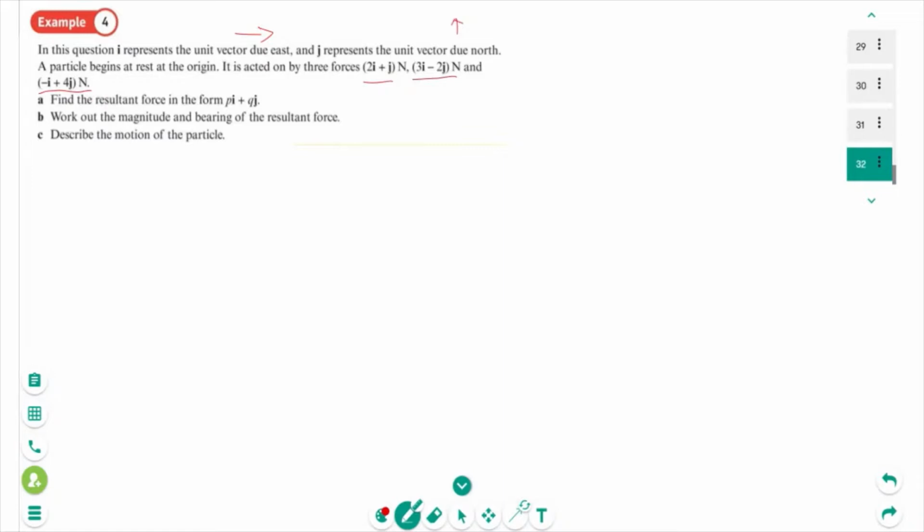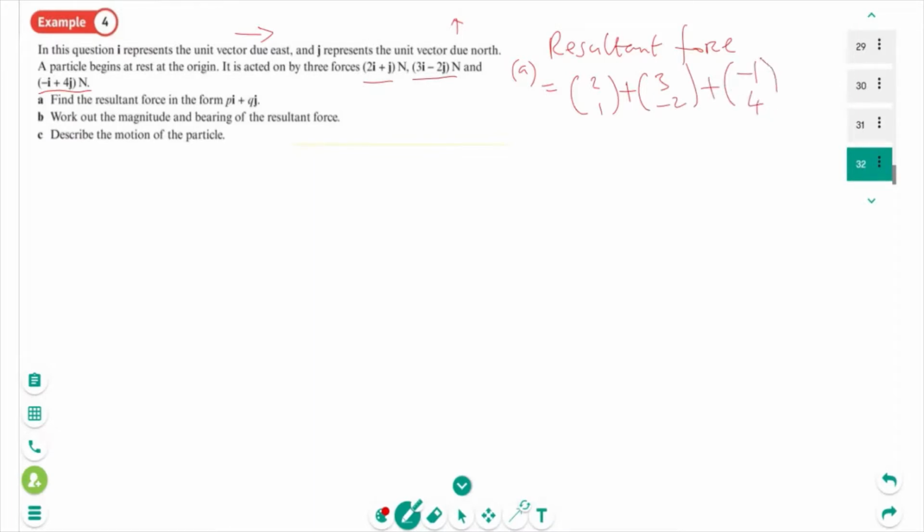So for part a, we'll look at the resultant force. I'm going to use column vectors. You just need to do (2, 1) plus (3, minus 2) plus (minus 1, 4).